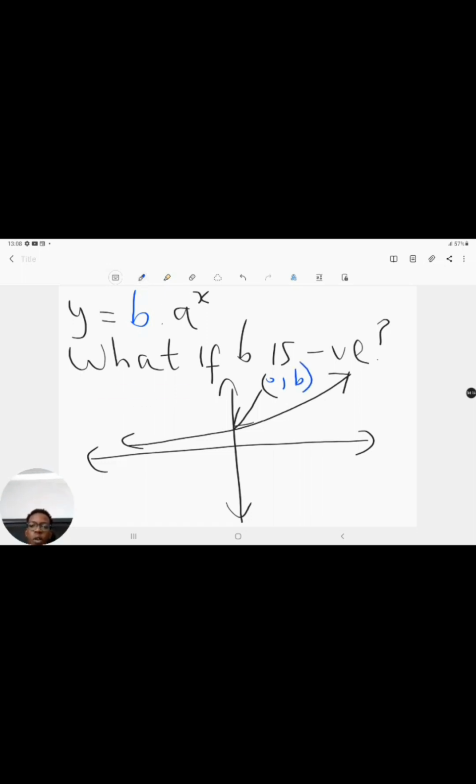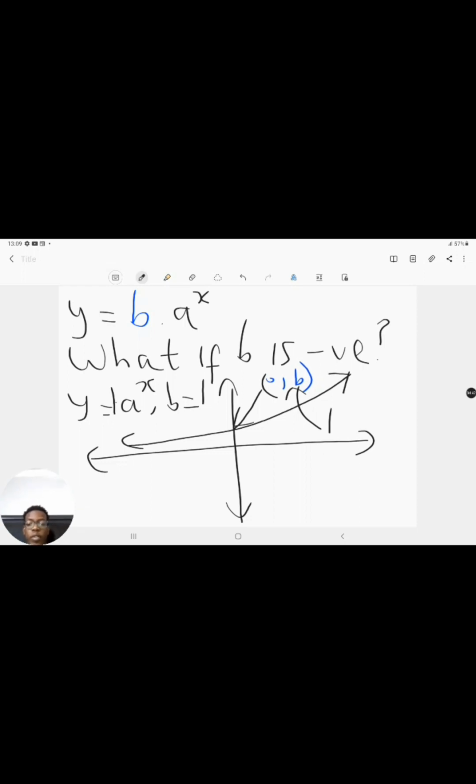In this case, for our original form, we know that the original form of our equation is y is equal to a to the power of x. And you will agree with me that the number that comes before the a to the power of x is 1, right? That's 1 times a to the power of x. So for our original form, b is equal to 1.